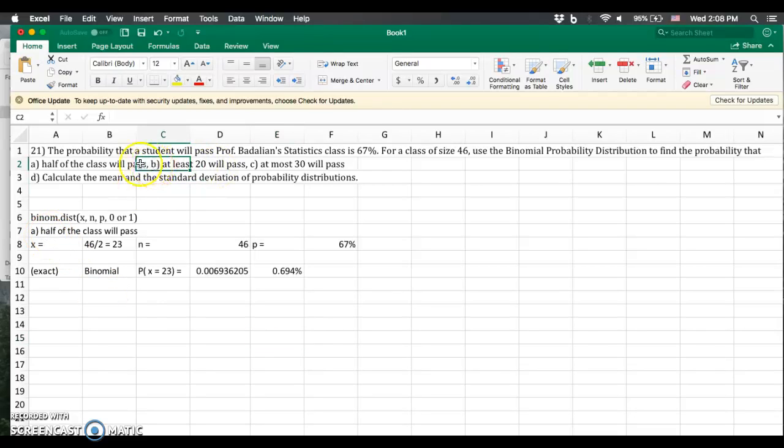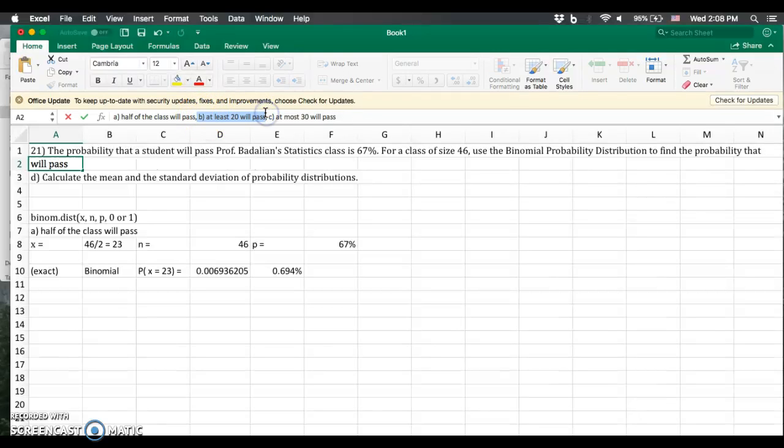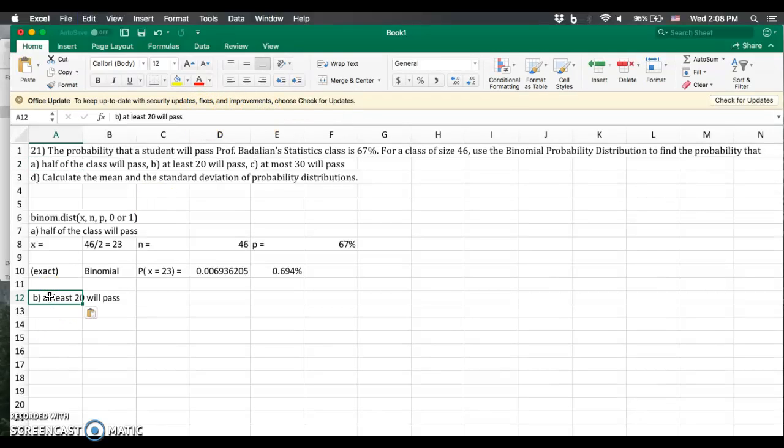Then the second question, B, is asking what about at least 20?